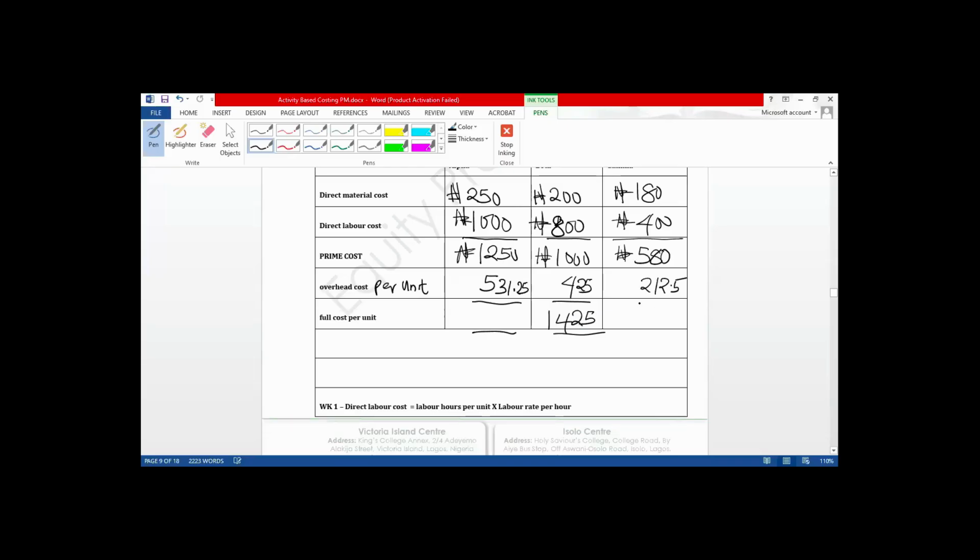That is 1,425 for beta. Gamma is 792.5. And this one is 1,781.25. You have answered A Roma figure 1.